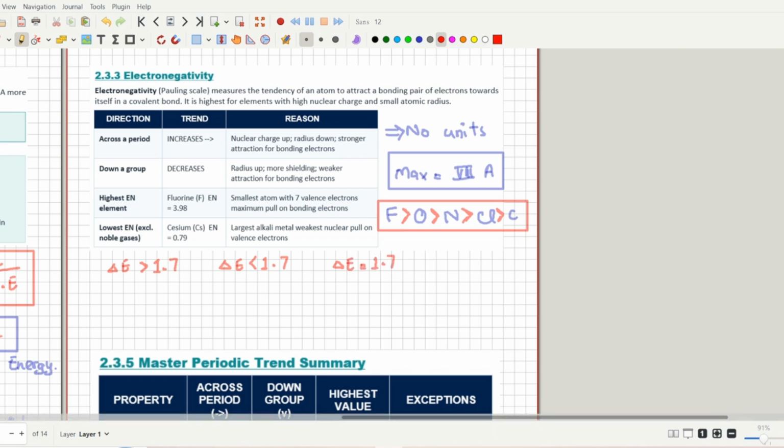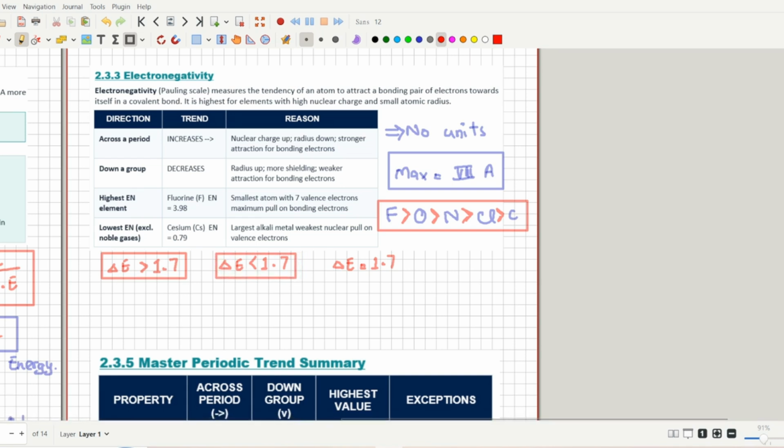These are the three possibilities that can appear in your IMAT exam. They can ask you about two elements whose electronegativity difference is greater than 1.7, less than 1.7, or equal to 1.7.